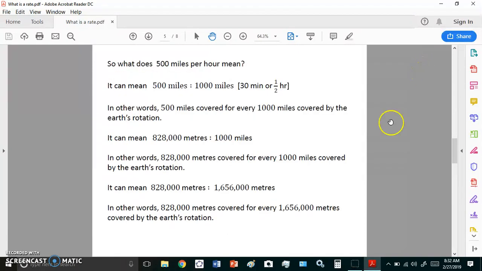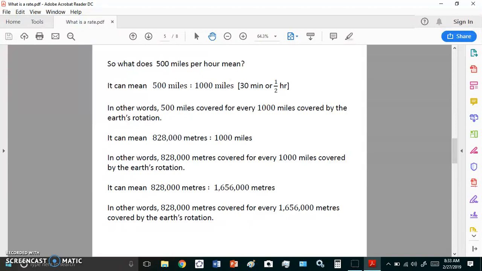So, what does 500 miles per hour mean? It means 500 miles to 1,000 miles, because the Earth covers a distance of 1,000 miles from one point to another point at the equator. So it can mean 30 minutes or half an hour.